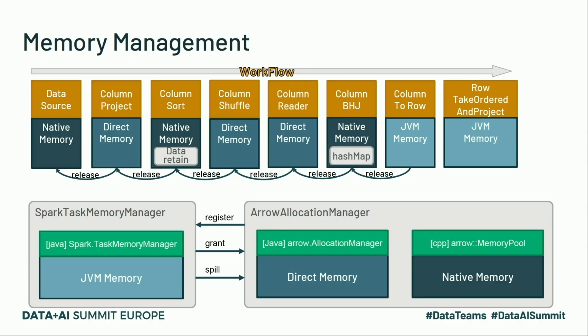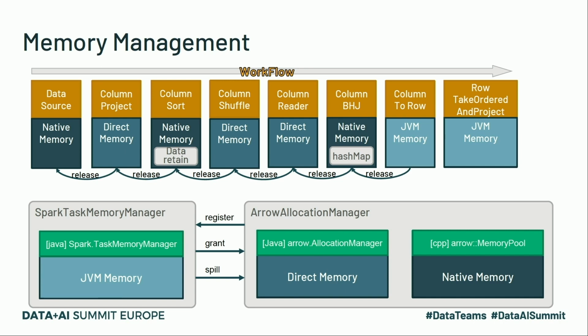Okay, then let's talk about memory management. There are 2 types of views in this picture. The above view is a workflow view, and the below view is a memory pool view.